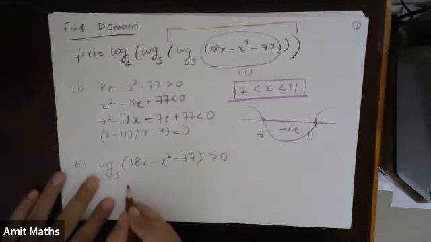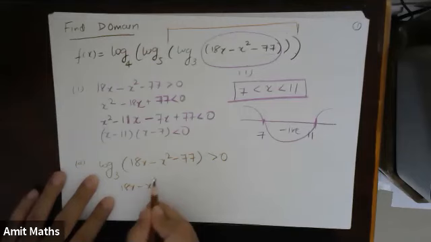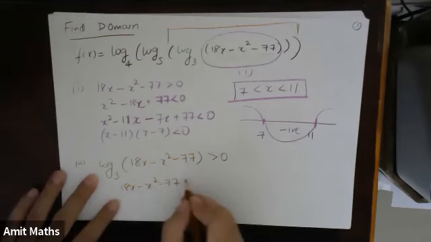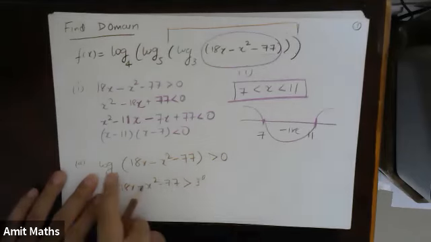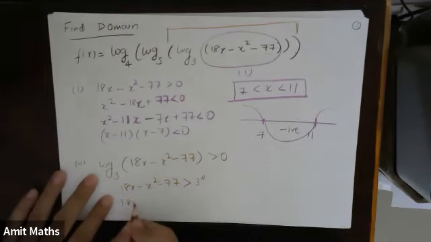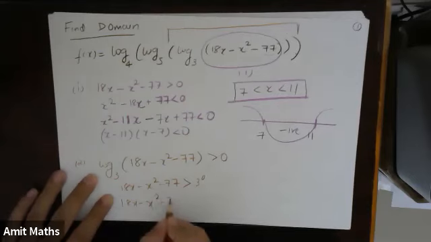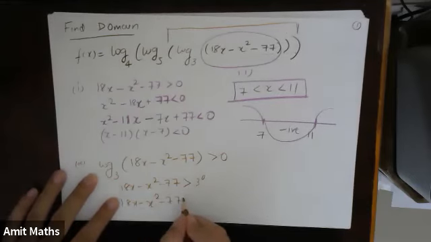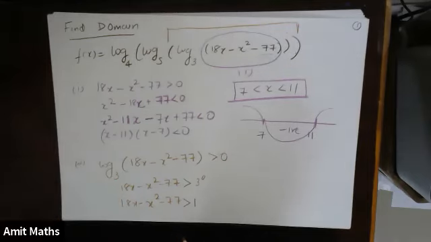That means 18x minus x square minus 77 has to be greater than 3 to the power 0. I'll take 3 to this side. So 3 power 0 is 1, which means 18x minus x square minus 77 should be greater than 1. This is the second part.